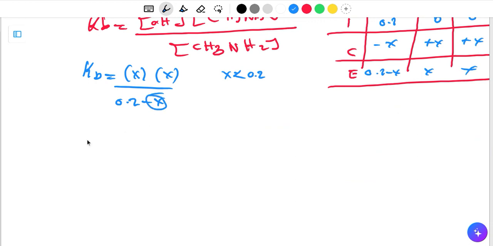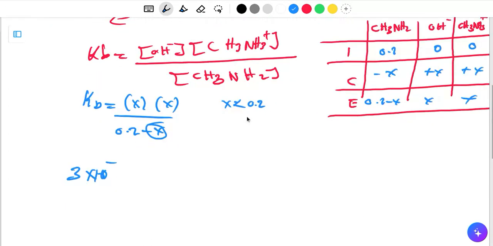So what are we going to have? We have 3 multiplied by 10 to the power negative 4. Then this is going to be equal to x squared divided by 0.2. So here we are going to multiply 0.2 multiplied by 3 times 10 exponent negative 4.